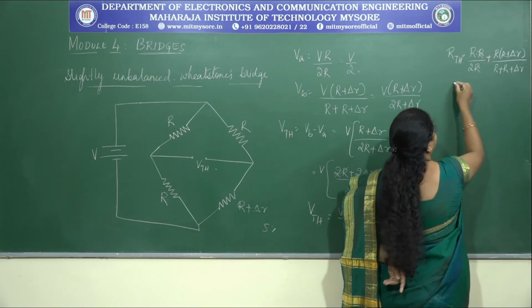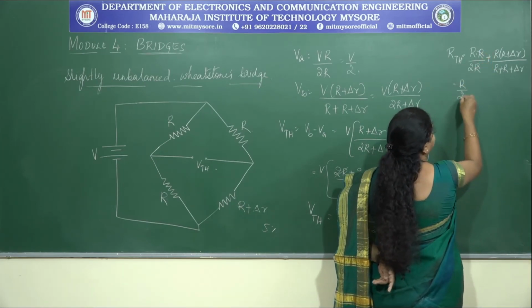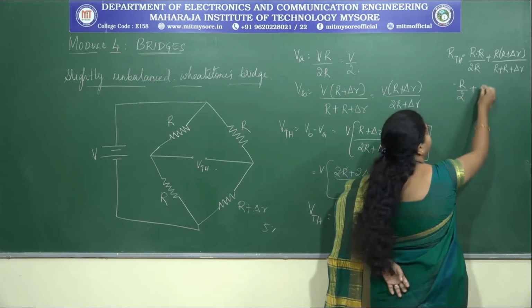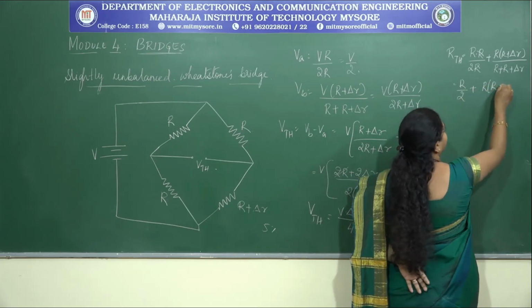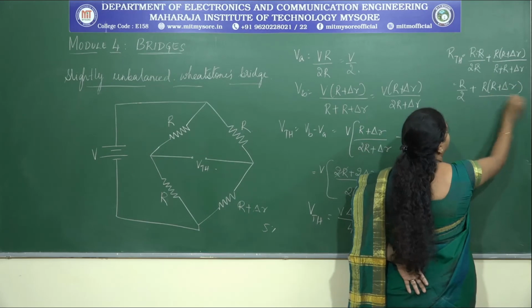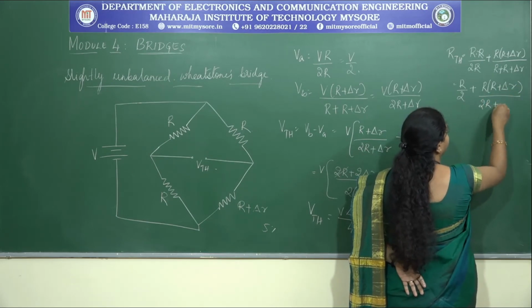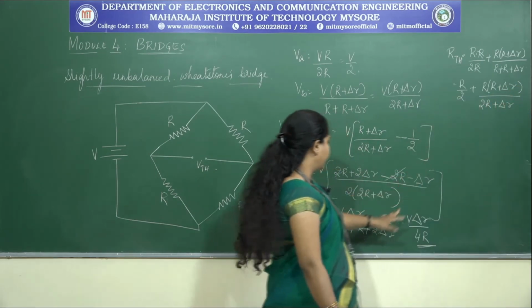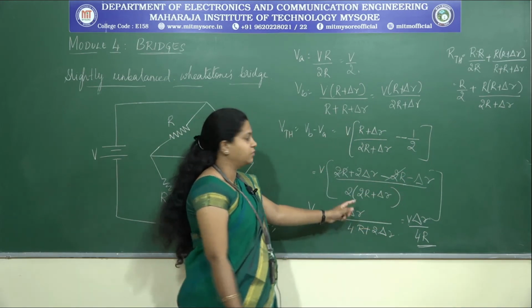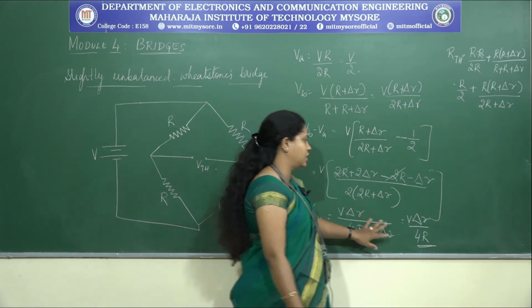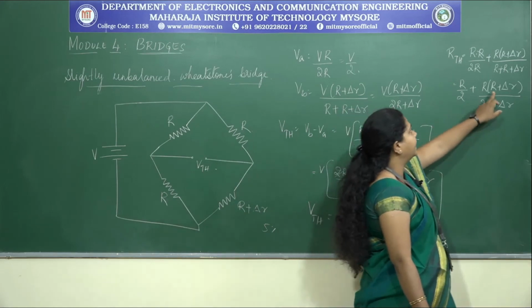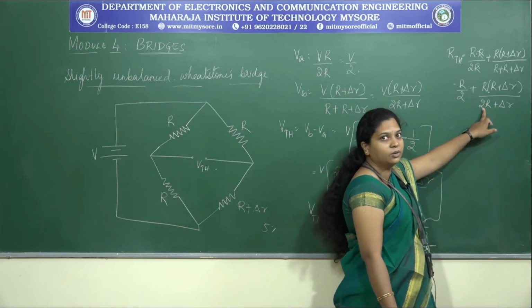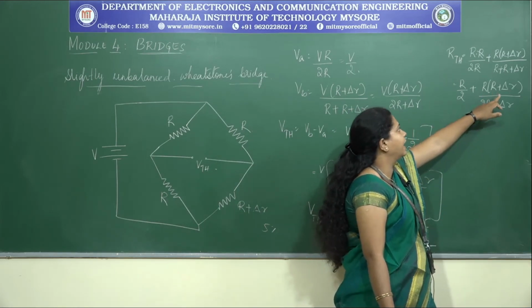Now R and R will get cancelled, so it will be R by 2 plus R into R plus delta R divided by 2R plus delta R. See, whenever you don't have an addition with respect to the small change, you can keep the change directly. But here, when you are adding with a quantity of higher value in kilo ohms, then what will happen?